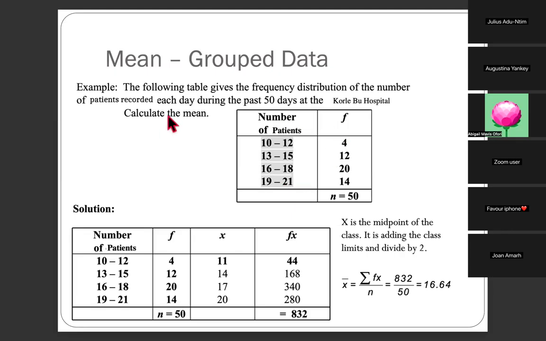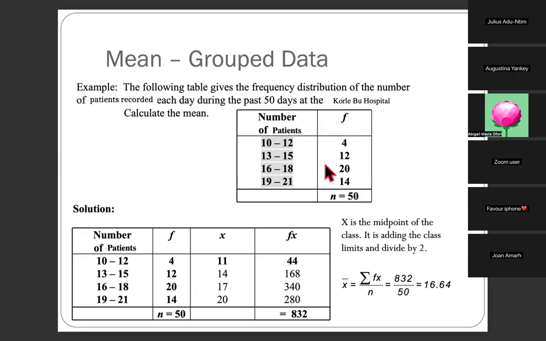So in all, if you are told to calculate the mean, you are looking at the average number of patients per day. We are looking at the average number of patients per day. So how do we go about this?